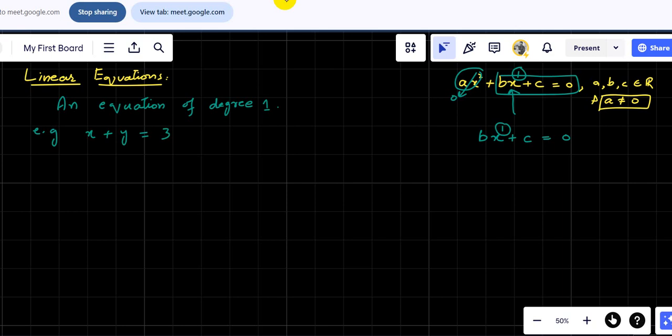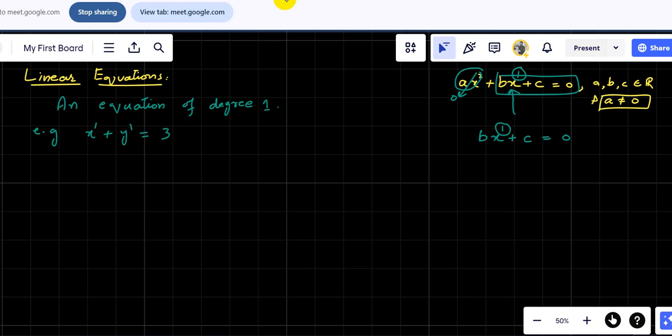In this equation we have two variables, x and y, but it is clear both variables have power 1. So this is a linear equation.